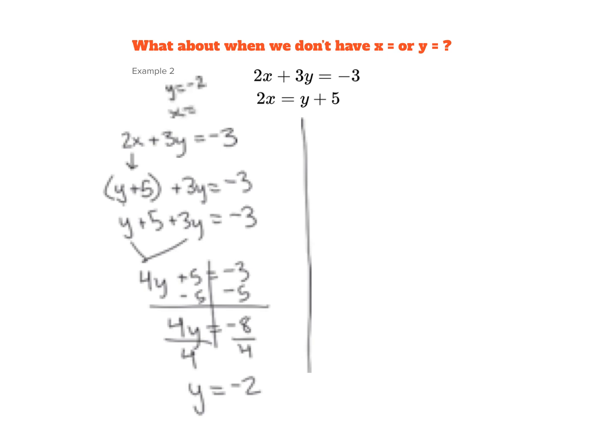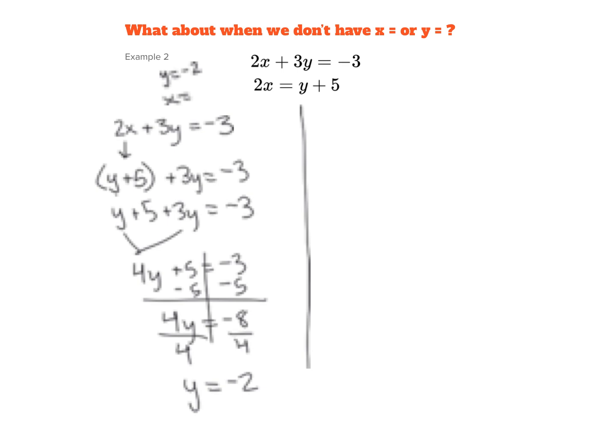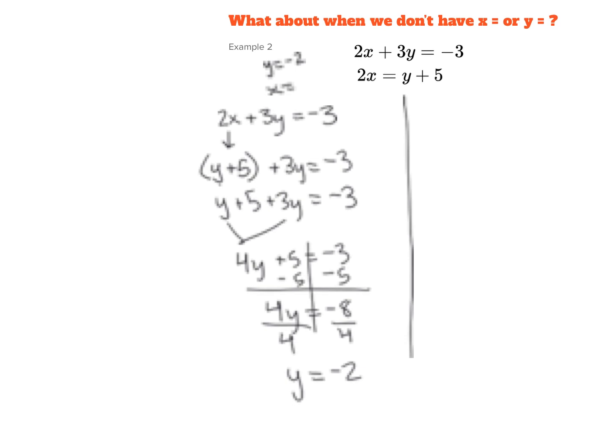Now I've got to figure out what x is equal to. Well, we can plug this really into wherever we want. I'm going to plug it into this first equation that I see right now, in which I have 2x plus 3, and there's my y. So I'm going to plug in negative 2, and that should equal negative 3.